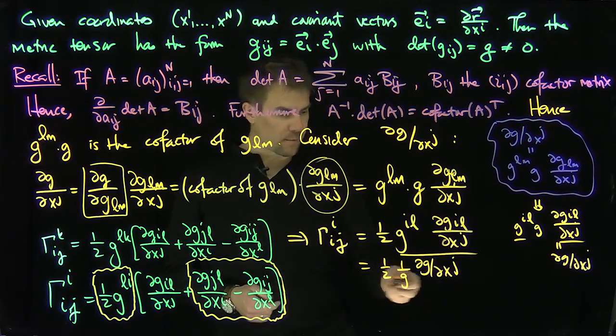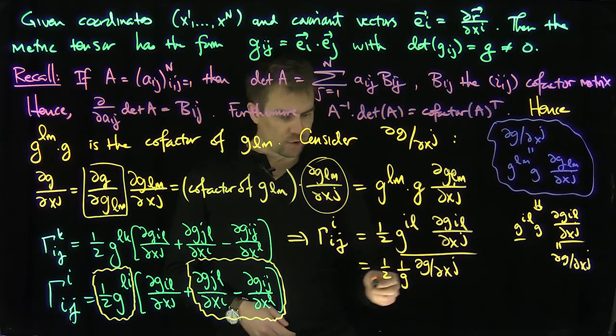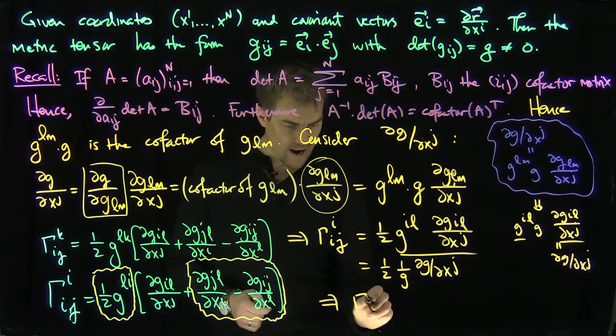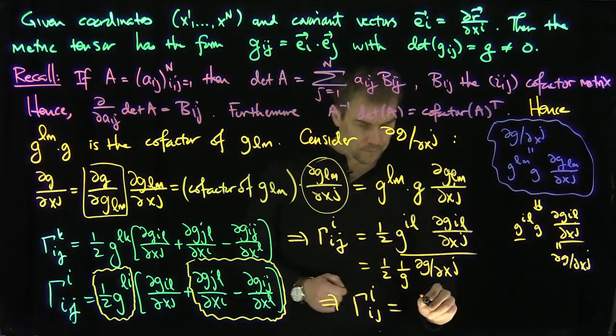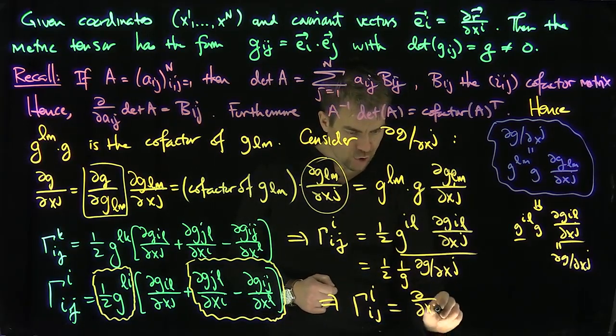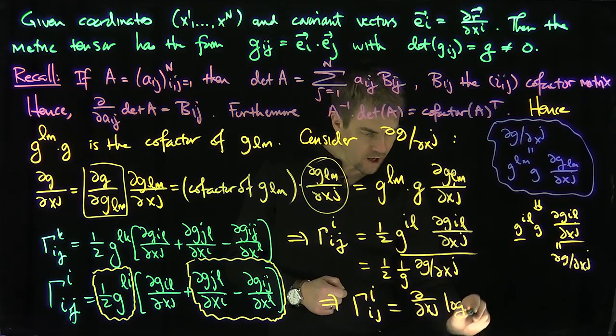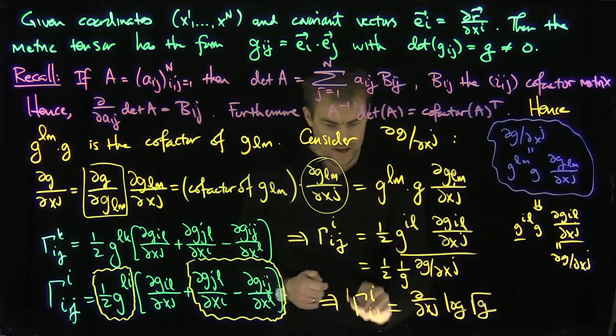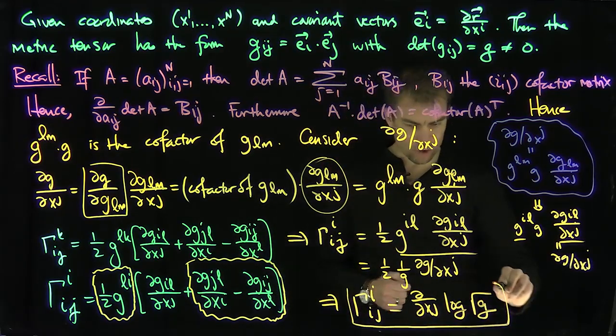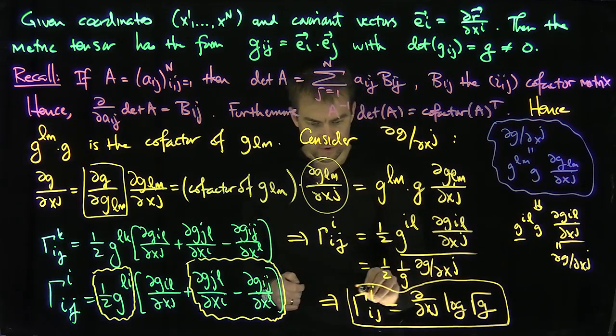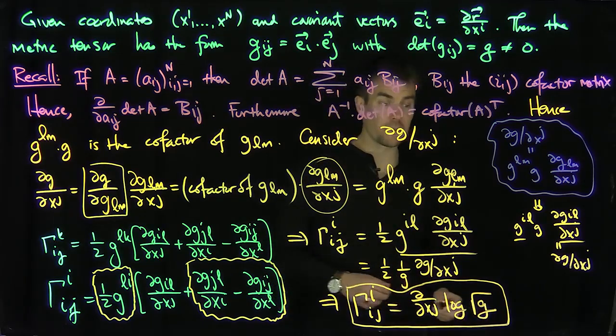That's 1/2 the logarithmic derivative of g. So this implies that if I sum over i, gamma ij is equal to d by dx_j of the log of the square root of g. So we get this beautiful relationship for the logarithmic derivative of the square root of the determinant of the metric tensor.